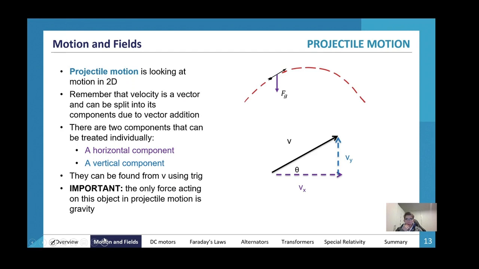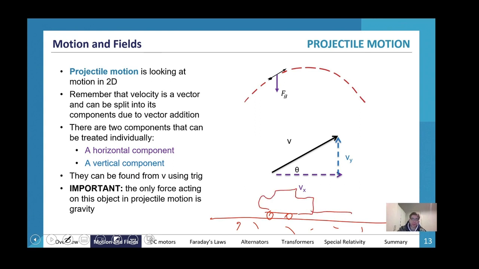Now let's talk a bit about projectile motion. When we are talking about projectile motion, you need to remember that we're looking at motion in two dimensions. Usually, VCAA would give you an example where on the ground there is a car pulling, I don't know, something, like a boat.